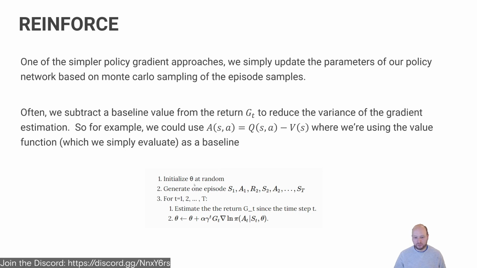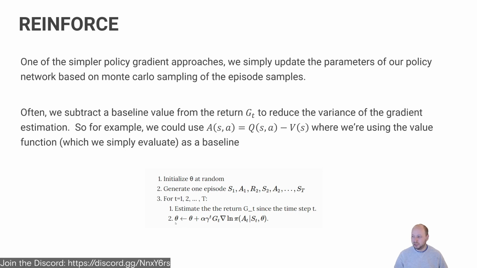But let's go through the REINFORCE algorithm because it's really simple. You initialize these parameters at random. You generate an episode. So again, this is Monte Carlo, and so this is an episodic setting, which is one of the limitations of this algorithm. And then you go through the time steps t, and you estimate the return since time step t, right?